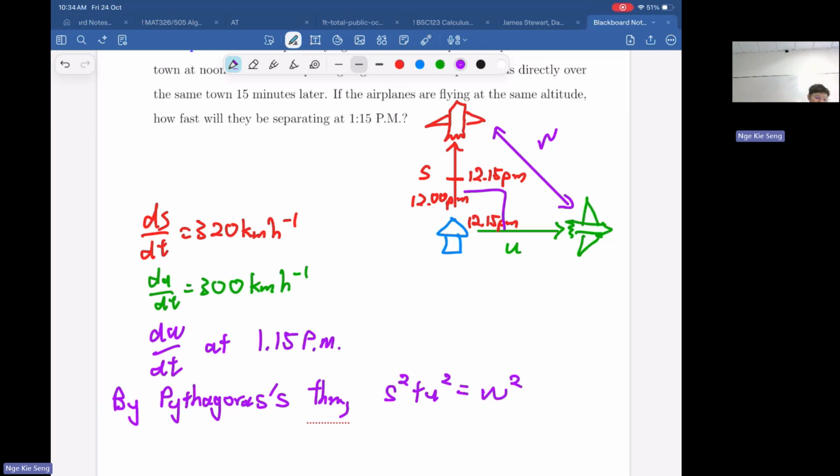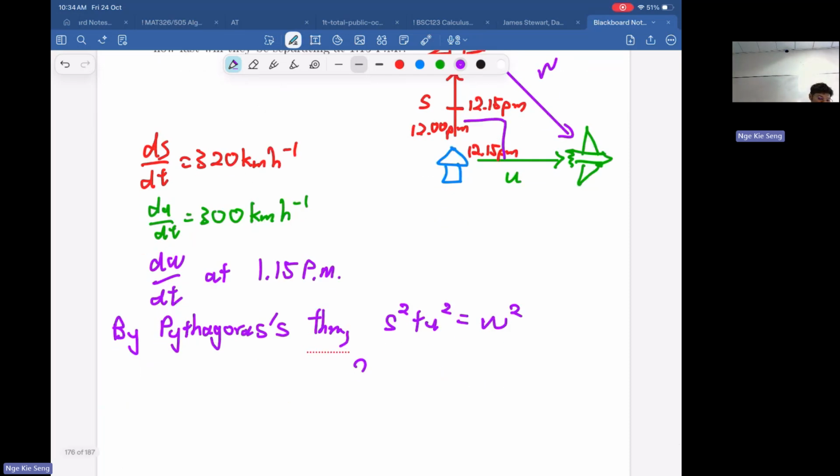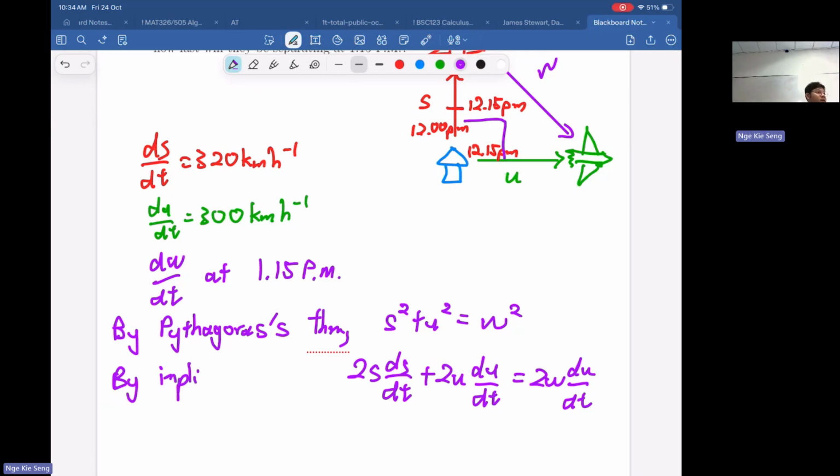All right. So if you use implicit differentiation here, what do you get? 2s ds/dt plus 2u du/dt equals 2w dw/dt. Do you know why we use implicit differentiation here?